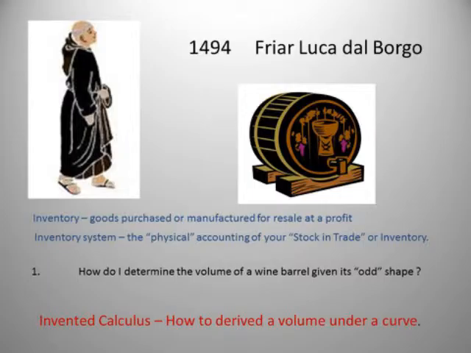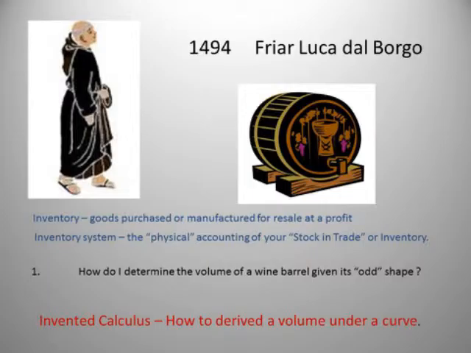And he came up with a mathematical concept called calculus. Now, calculus is with us today, and it is a very advanced mathematical concept devised by this fella simply because he wanted to know how much wine was left in his barrel in order to sell it.